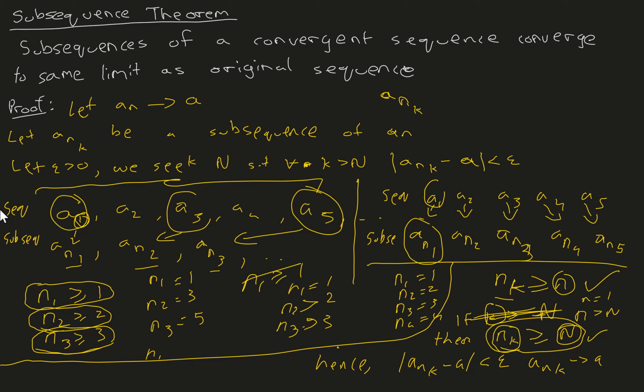So when nk is greater than or equal to the N of the original sequence, and we know that the original sequence converges, there is some N after which all the terms in the original sequence enter the tube, where |a_n minus a| is less than epsilon, and that same N also works for the subsequence when nk is greater than or equal to N, and then we get |a_nk minus a| is less than epsilon, and therefore a_nk also tends to a. And we're done with the proof right there.